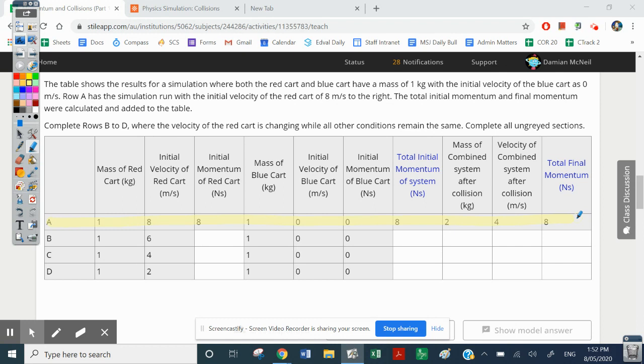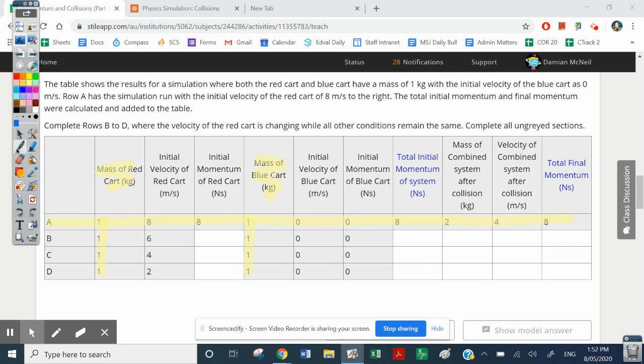It's a large table. I apologise for it. I couldn't find a better way of setting it out for you. So here we are. We're setting the mass of the red cart and the mass of the blue cart to all be 1 kilogram. And the initial run, we're going to set the velocity of the red cart at 8 meters per second.